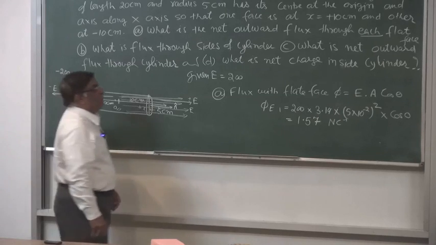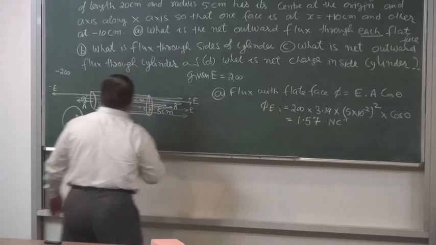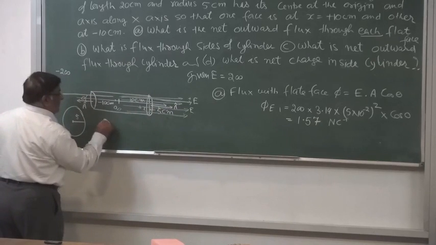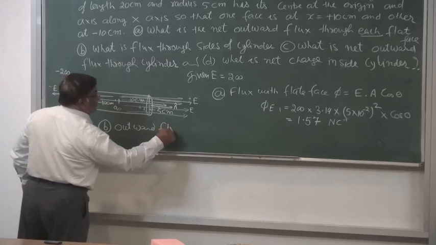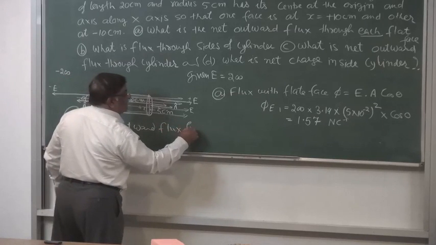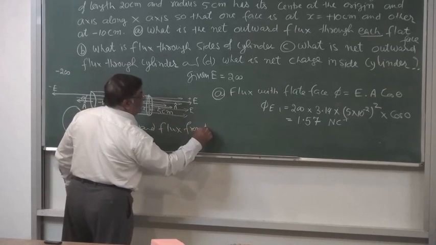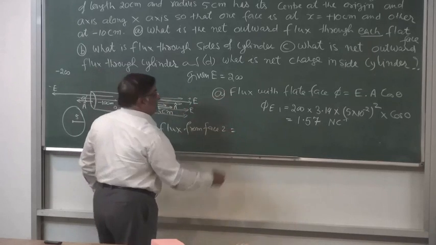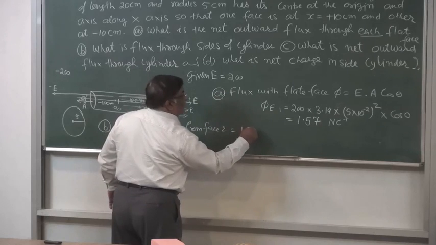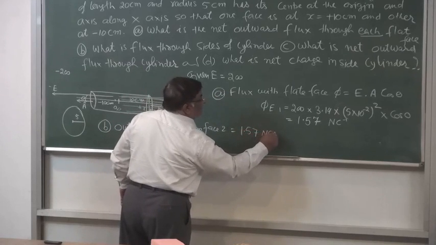How much will be the outward flux from face 2? All the quantities are similar, so that will also be 1.57.